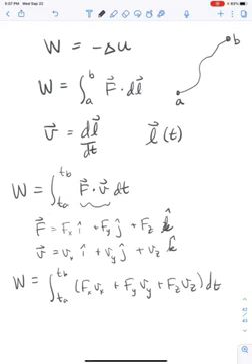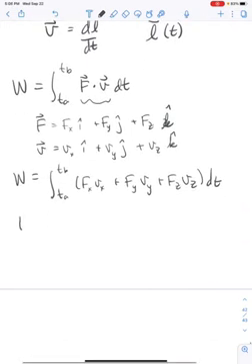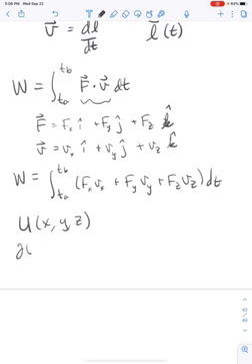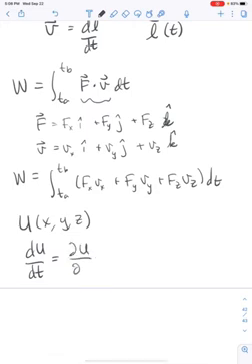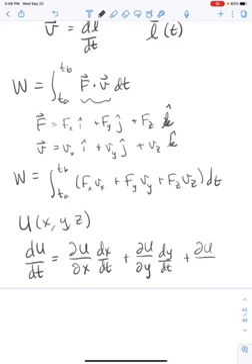dt, okay? Now, we are going to define some function U as a function of x, y, and z. And we want to think about how that function U changes with time along that path, okay? In other words, we want to find dU/dt, okay? Now, we can write dU/dt due to the chain rule as the partial derivative with respect to x times dx/dt plus the partial derivative of U with respect to y times dy/dt plus the partial derivative of U with respect to z times dz/dt.